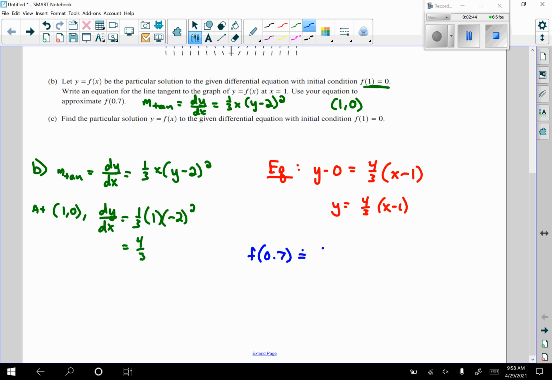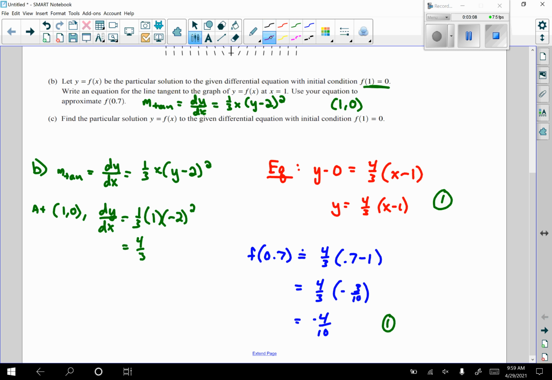So we would just have 4/3 times 0.7 minus 1. And this would give us 4/3 times negative 0.3 or 3/10. So we would get negative 4/10 or negative 0.4. So 2 points for this, 1 point for the equation of the tangent line, and 1 point for the approximation.